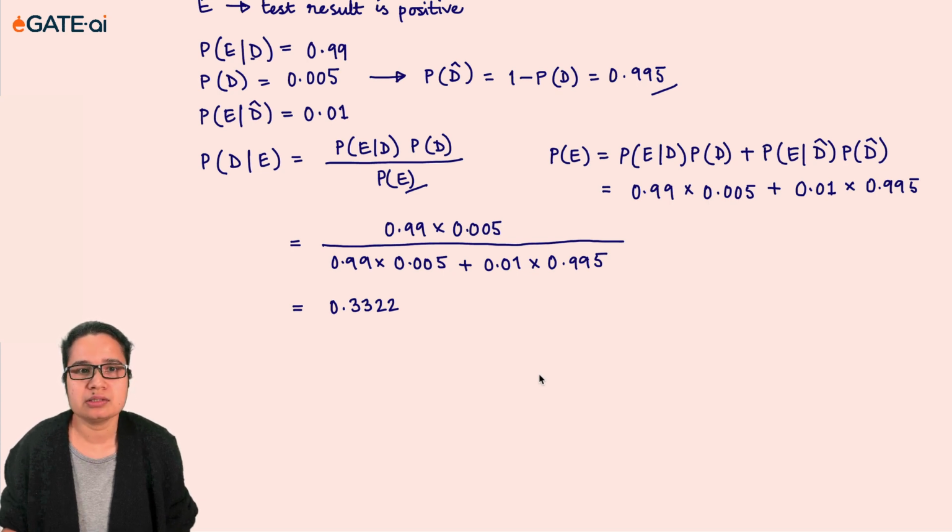But because such a low number of the population actually has the disease, and the false positive rate in that sense is really high, that's why when you actually calculate the probability of a certain person having the disease when the test result is positive, that boils down to such a low probability like 33%, right?